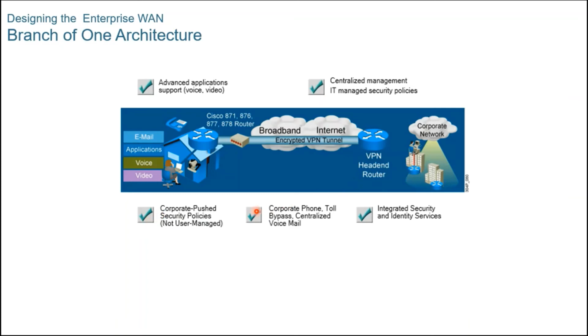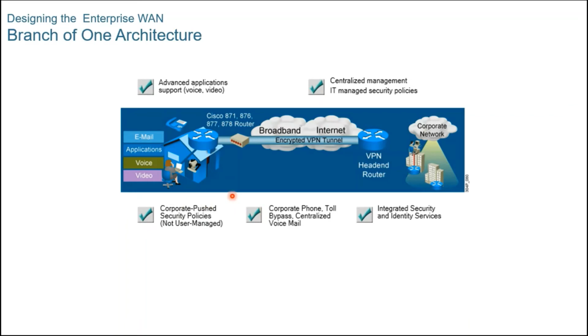So within this architecture, centralized management means that the enterprise applies security policies, pushes configurations, and periodically tests the connection through the broadband, cloud, and back to the corporate office to determine the latency, jitter, and packet loss experienced at any time.